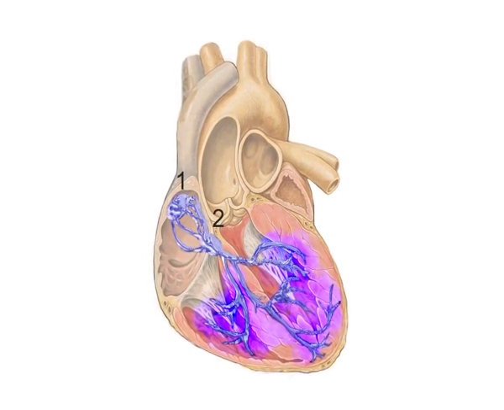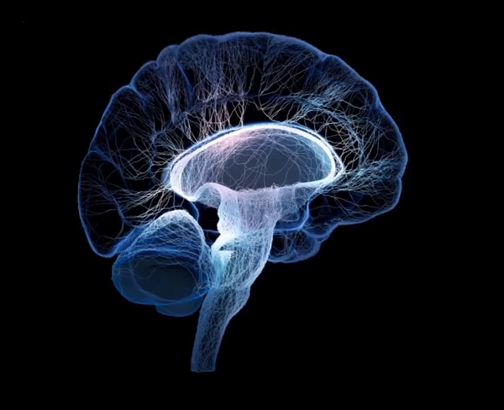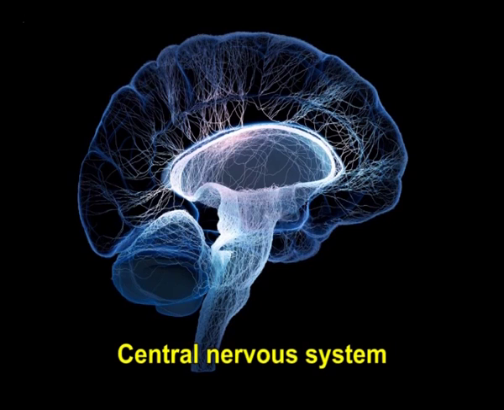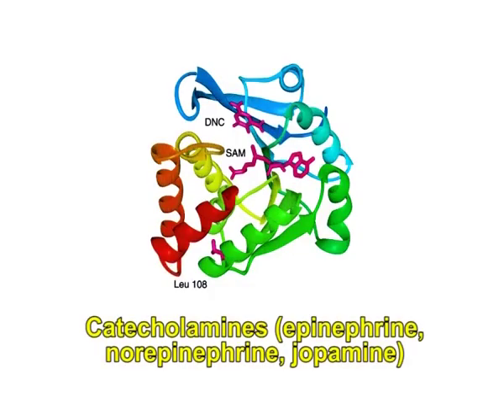Centrally acting agents inhibit the stimulation of the CNS, central nervous system, and decrease sympathetic stimulation to the blood vessels and the heart. They block the release and action of catecholamines, epinephrine, norepinephrine, dopamine, which are released in response to stress.